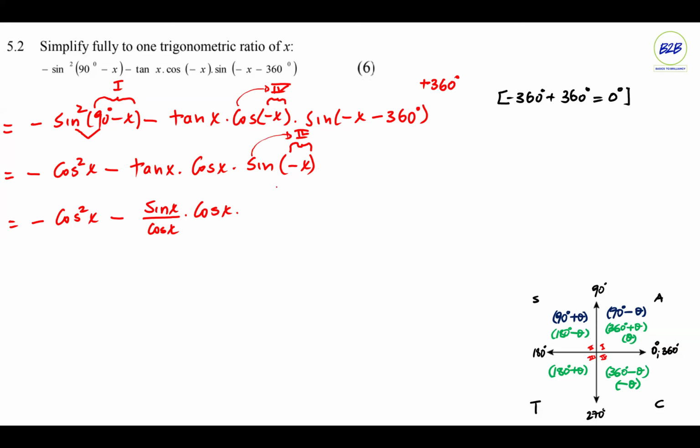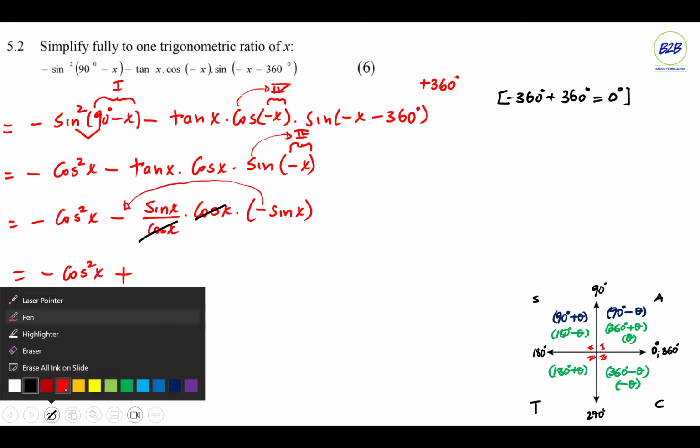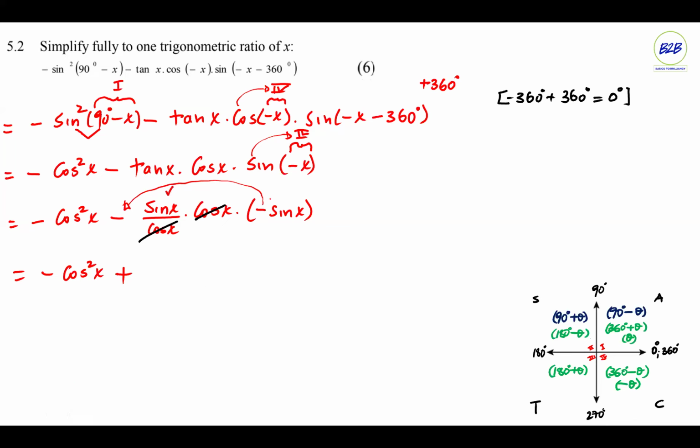What is the sign of sine in the fourth quadrant? It is negative. All right. Then we have negative cos squared x. The negative will come and multiply with this negative, giving us a positive. Then the cos and the cos will cancel one another. Then the sine and the sine will multiply one another to give us a sine squared x.